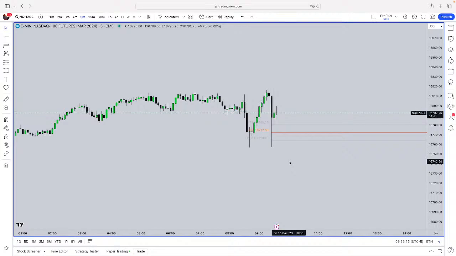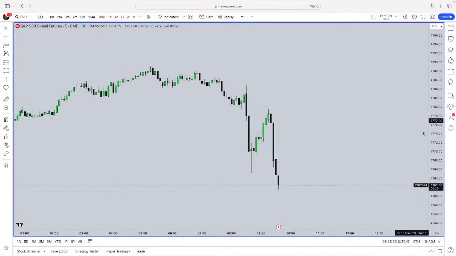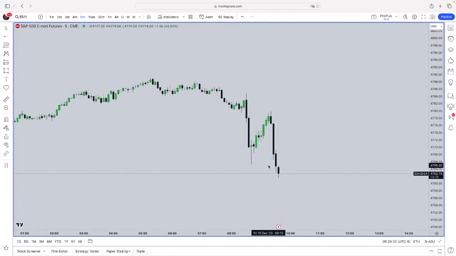Do you always look at S&P and NAS to know which is more bullish, bearish? Yeah, sometimes I do. I don't trade NAS and the S&P. I trade the euro. But yeah, you can. So here, I see S&P is more bearish.